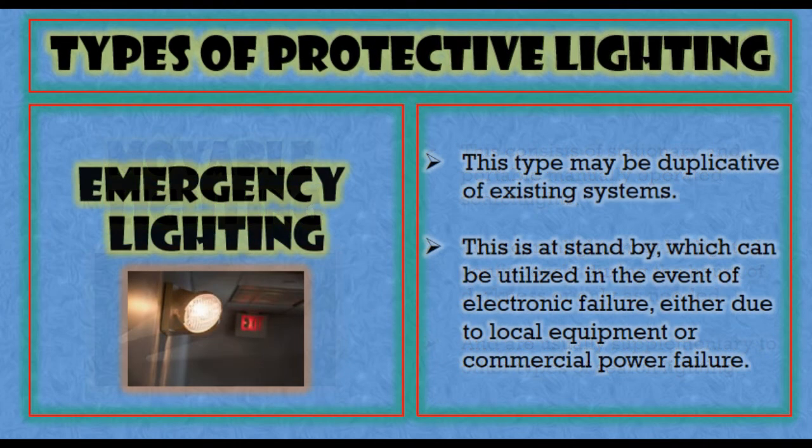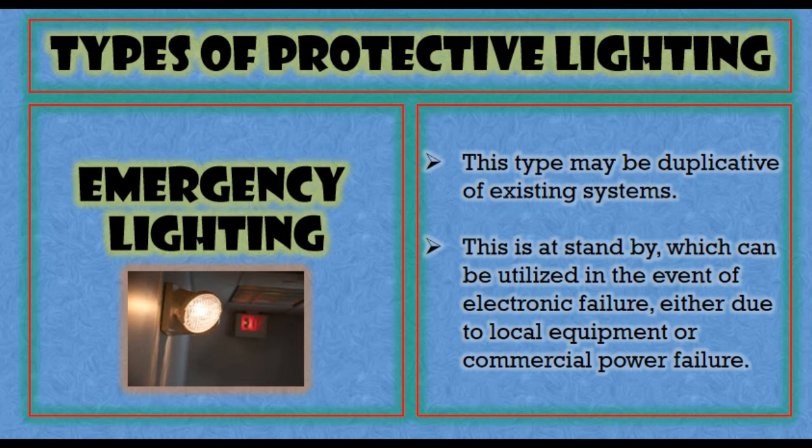And then the fourth one we have here now, the so-called emergency lighting. So take note, ang confusing lang po dito is standby and emergency lighting, di ba? So parehas po yan na it can be turned on manually or it can be turned on automatically in some instances. So yan po yung confusing na dalawa, standby and emergency lighting.